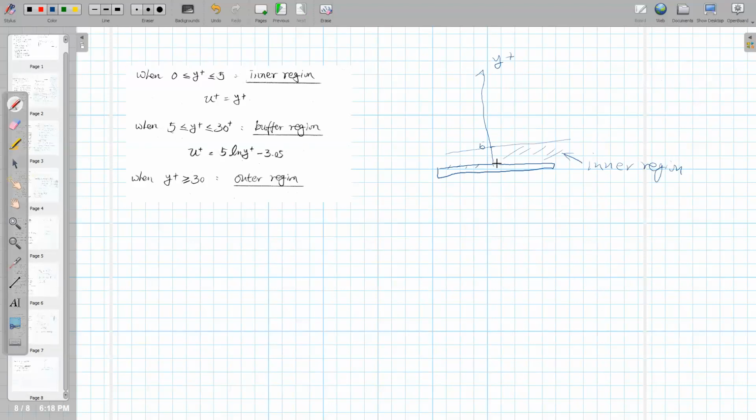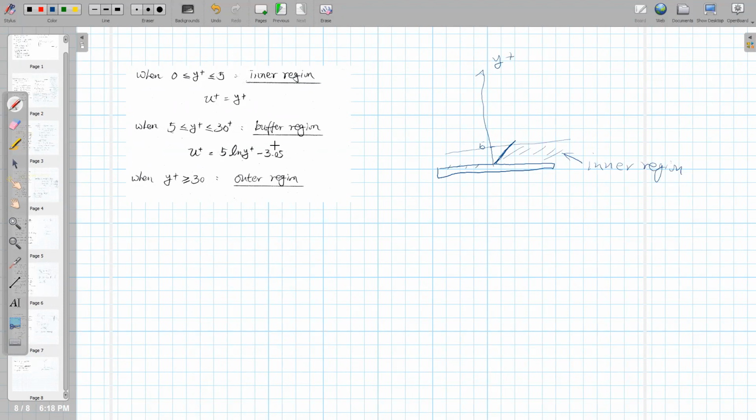In the inner region, the velocity is just a straight line, u plus equals y plus.